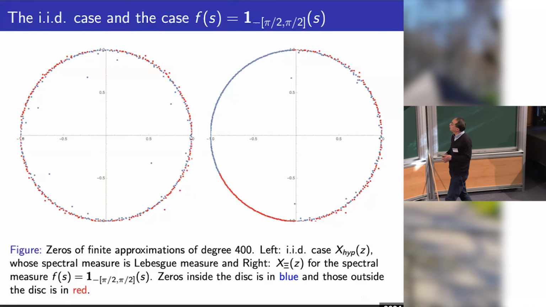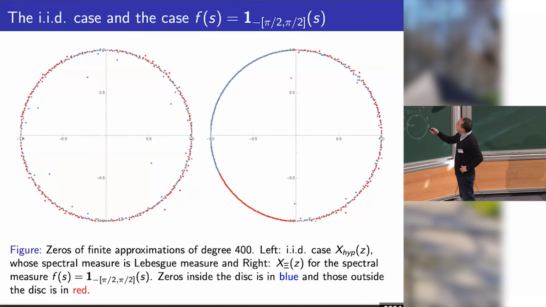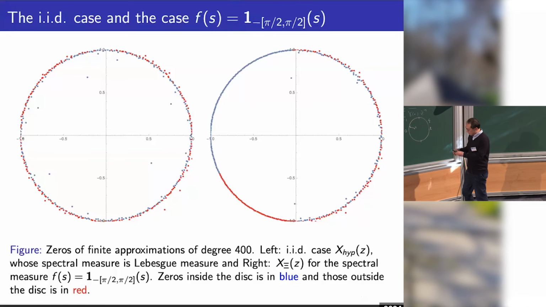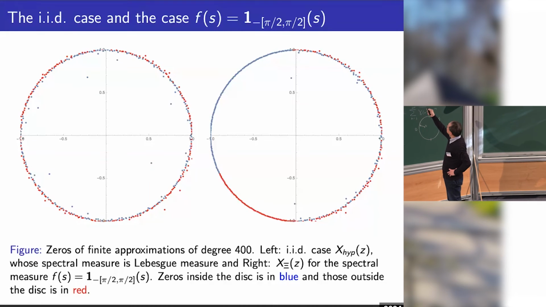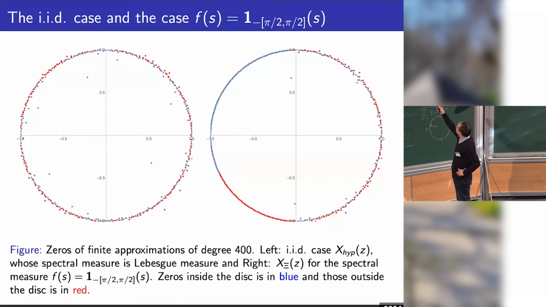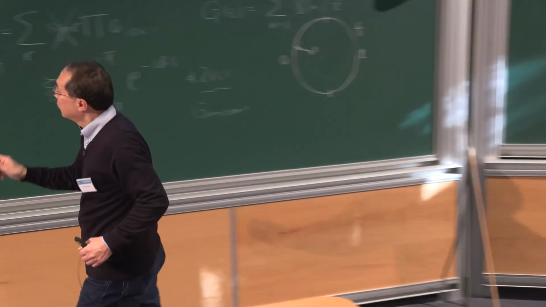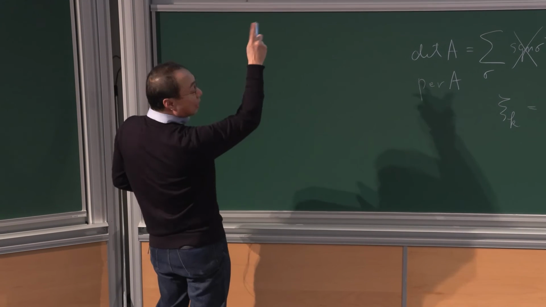This is a simulation. Here the spectral density is constant 1, corresponding to the i.i.d. case. But here the spectral density is something like this: this part is 1, and this part is 0. Then you can see that there are many zeros around this boundary. Here also you have many zeros, but these are all virtual zeros, because we are considering the finite approximation.